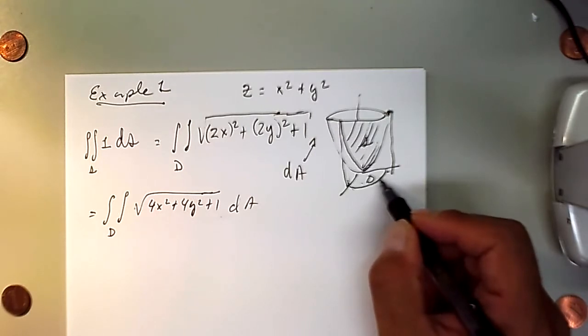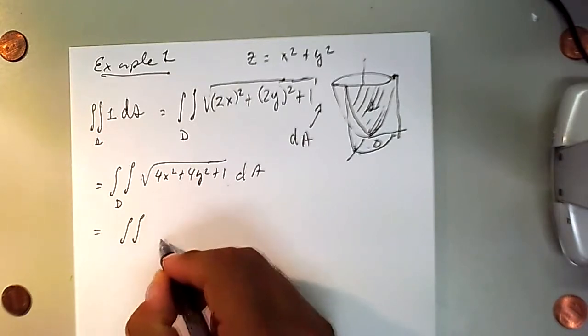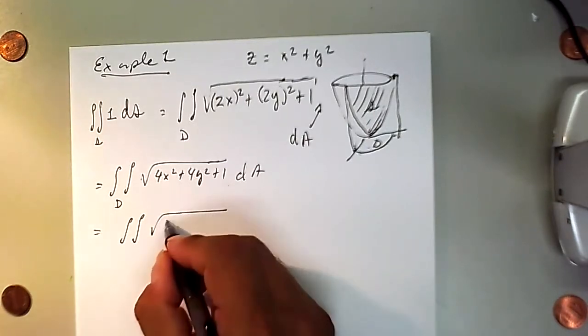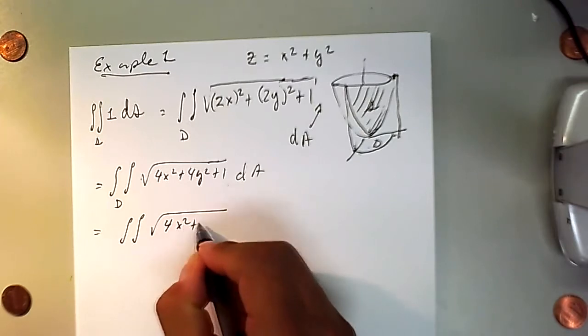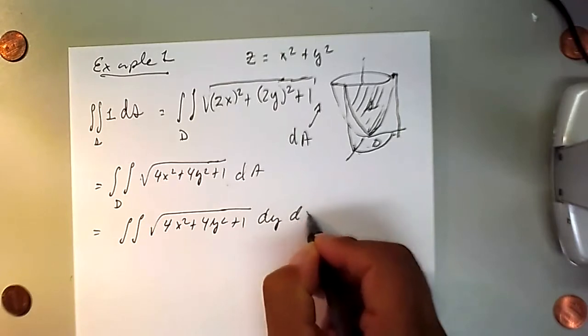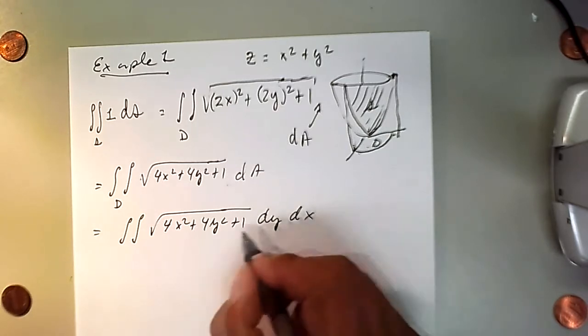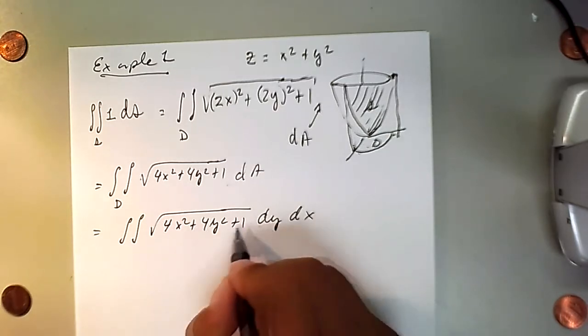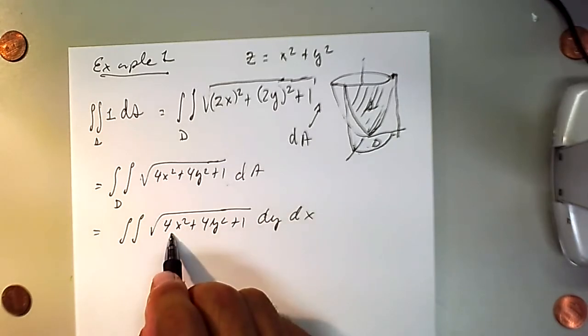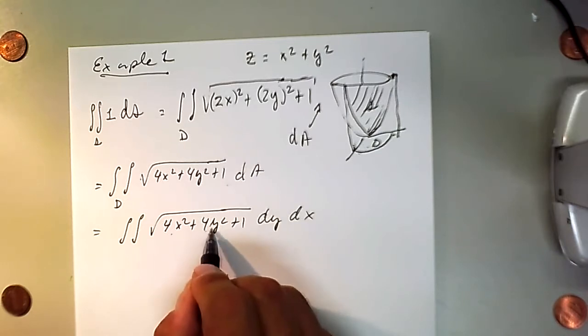Otherwise, without changing to polar coordinates, we would still be integrating the same thing, 4x squared plus 4y squared plus 1, dy dx. That looks like an arctangent of some sort. With respect to y, 2y would have to be the tangent of theta.